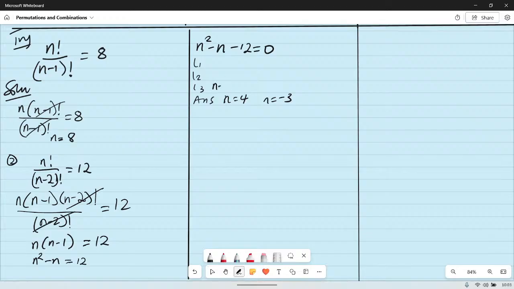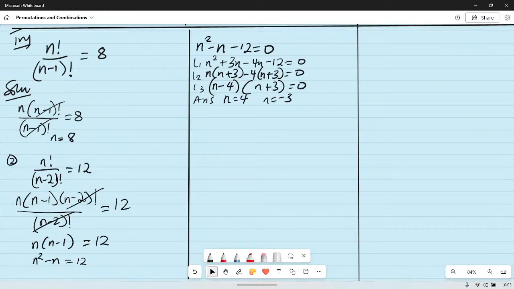So this becomes n minus 4, n plus 3 equals 0. Multiply them: n squared plus 3n minus 4n minus 12. Right? So these are the values of n.